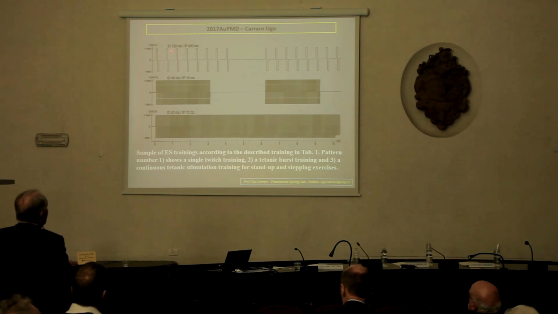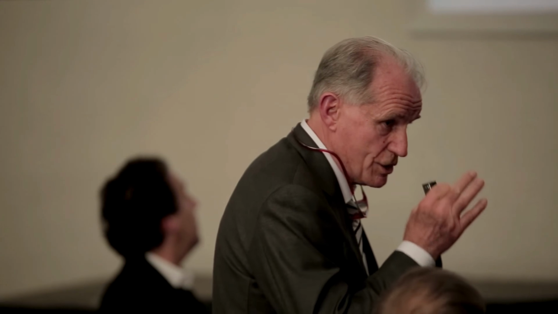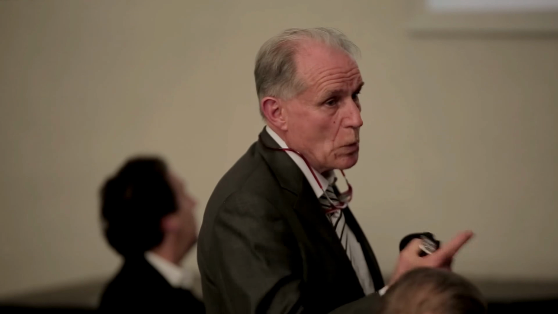These are 120, 150, 300 milliseconds each pulse. Remember that the nerve responds with 1 millisecond or less at a current intensity much less. Therefore, if the muscle responds only to this current, it is denervated.